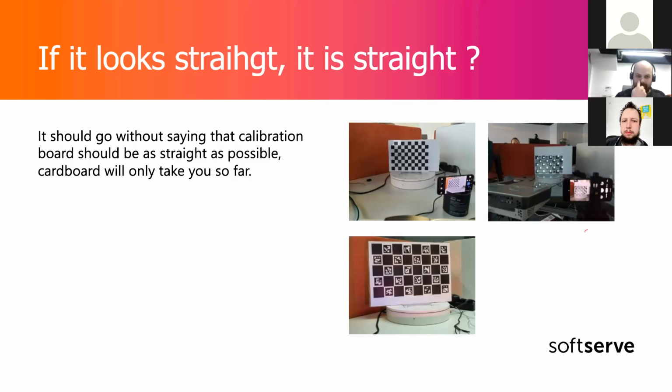And actually, the first trick that we did was to glue the calibration pattern to cardboard, and cardboard will only take you so far. After gluing, it started to warp, so the calibration results were not good. So in the end, we ordered the calibration board to be printed on a material called Dibond.